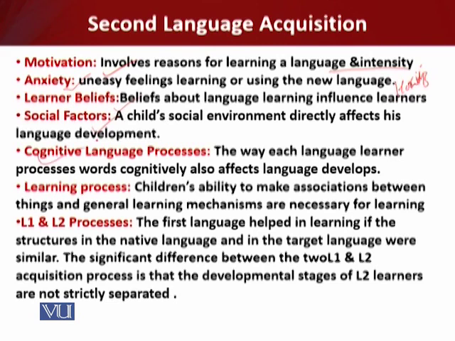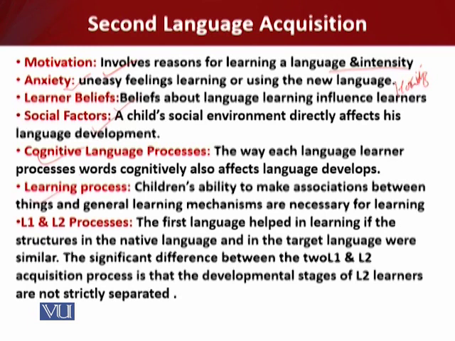Cognitive language processes. The way each language learner processes words cognitively also affects how their language develops. Developmental delays related to hearing disorders or overall intellectual processing can have a large impact on language development.